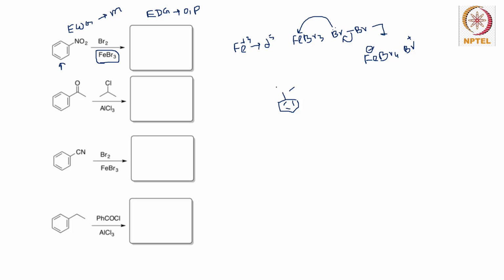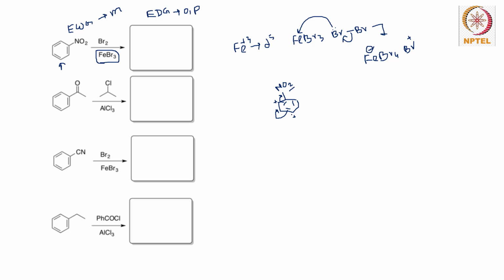So if there is an NO2 group, there is a probability of resonance. If this resonance happens, like this goes here, there will be a positive charge at this position, and if it goes here, there will be a positive charge at this position.